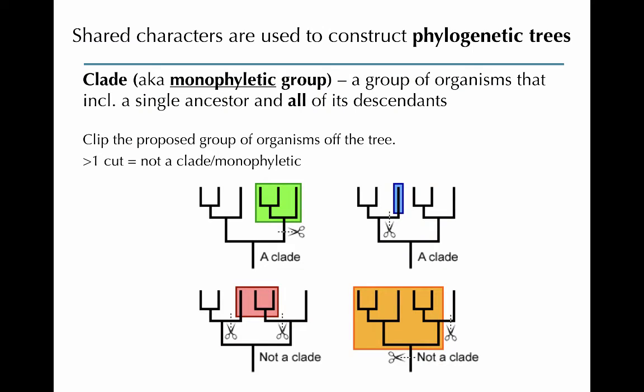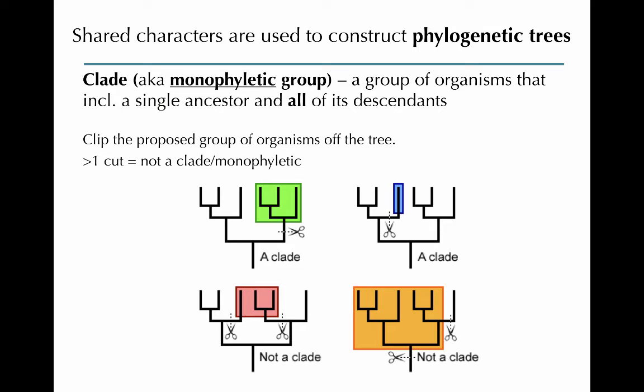So when you're looking at a phylogenetic tree that has been constructed, whether it's by molecular or morphological data, you can evaluate whether the way we group organisms is valid or not evolutionarily by seeing if they are in a clade. So a clade is any group that contains the common ancestor and all the descendants.